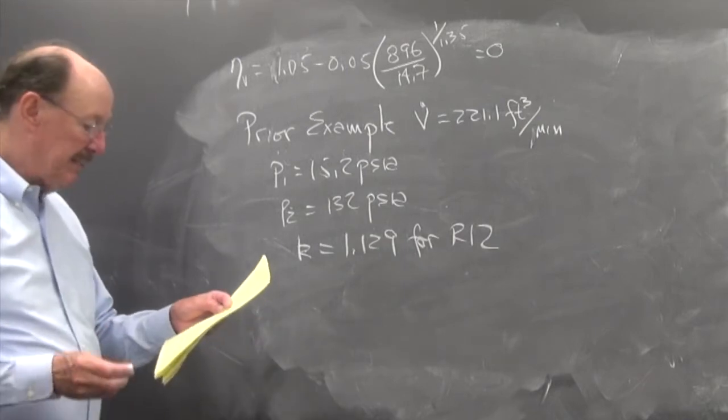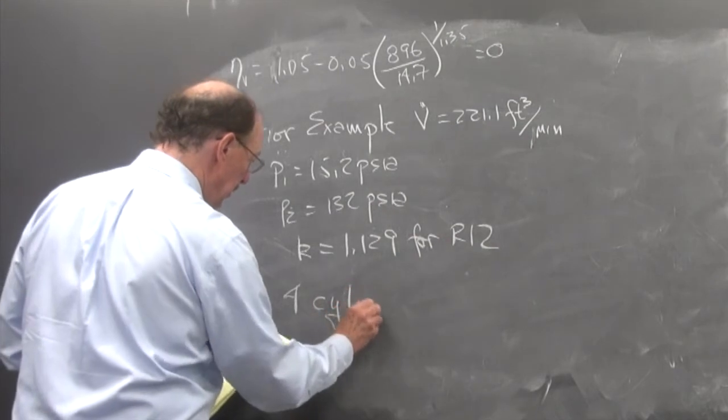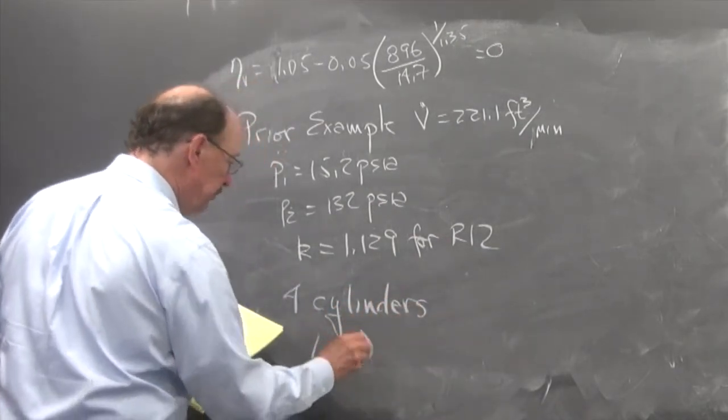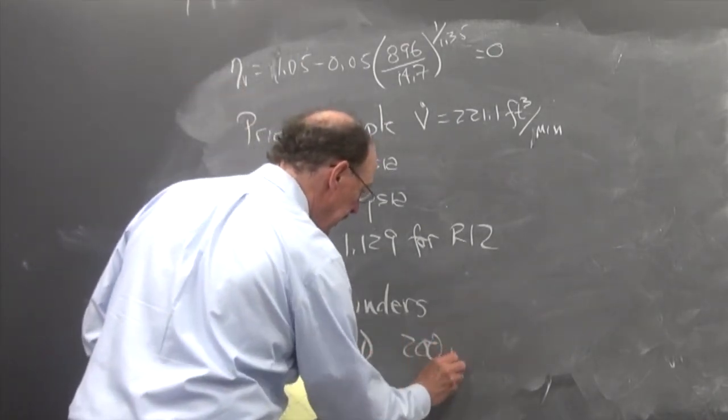Let's say as well that there are 4 cylinders, and we have L is equal to D for the 4 cylinders, and we'll say they run at 200 RPM.